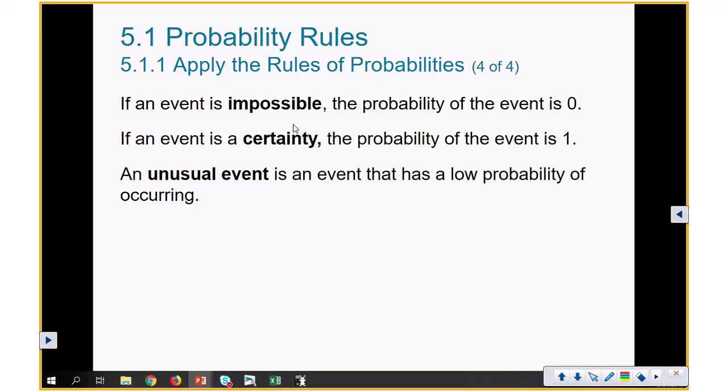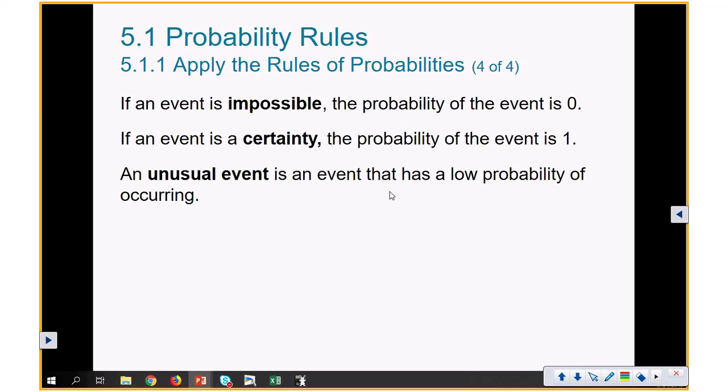There it is. If an event is impossible, the probability of the event is 0. I dislike that because I would say improbable or something like that. I do not use impossible. Mark through that. Put less likely, or very unlikely is a good word. An event is very likely.